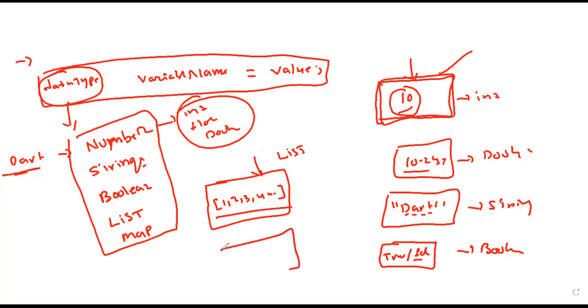Similarly, another one is a key-value pair: x is a key and its value is y. This is a map. Based on the behavior and the value we get from the server, we choose the data type.